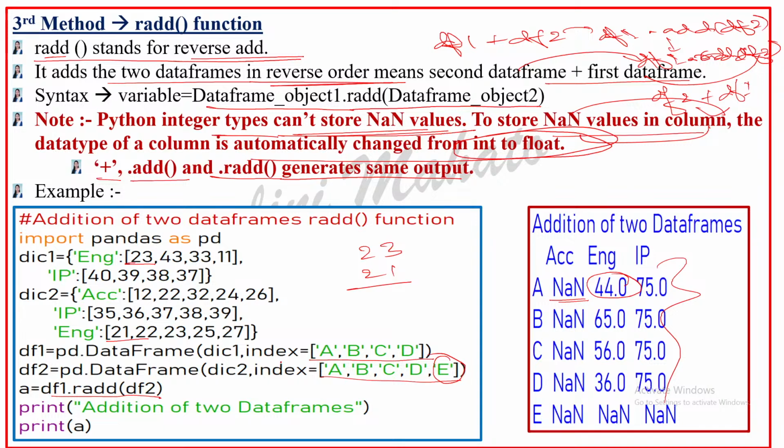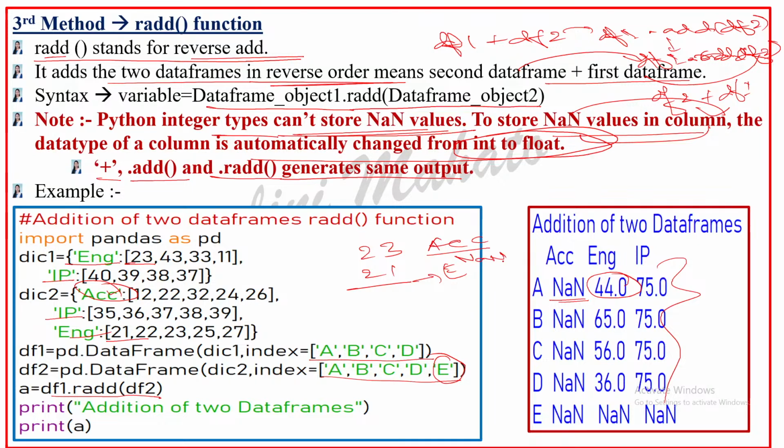Look here also in the column labels: English, IP, English, accountancy is extra in data frame 2, and in data frame 1 there are no accountancy marks. So what is missing here is accountancy as a column label and E as a row label.